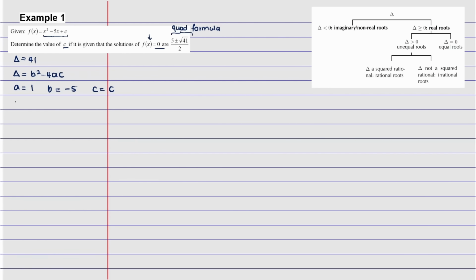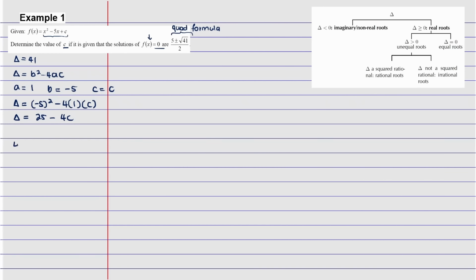So delta is going to be equal to negative 5 squared minus 4 times 1 times c. So this is the same as delta is equal to 25 minus 4c, but we already know that this is equal to 41.